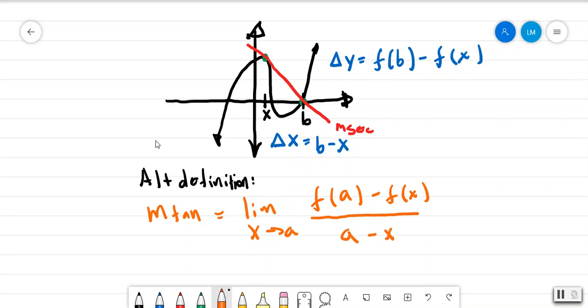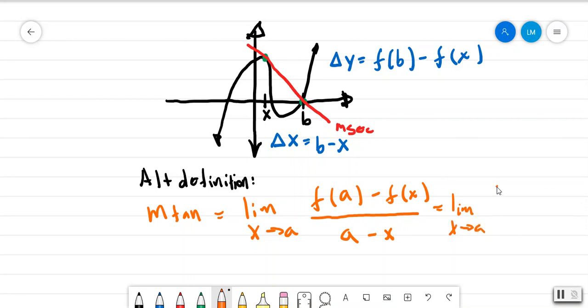In this case, it's more or less the same definition. We can also do the other way around, f of x minus f of a.